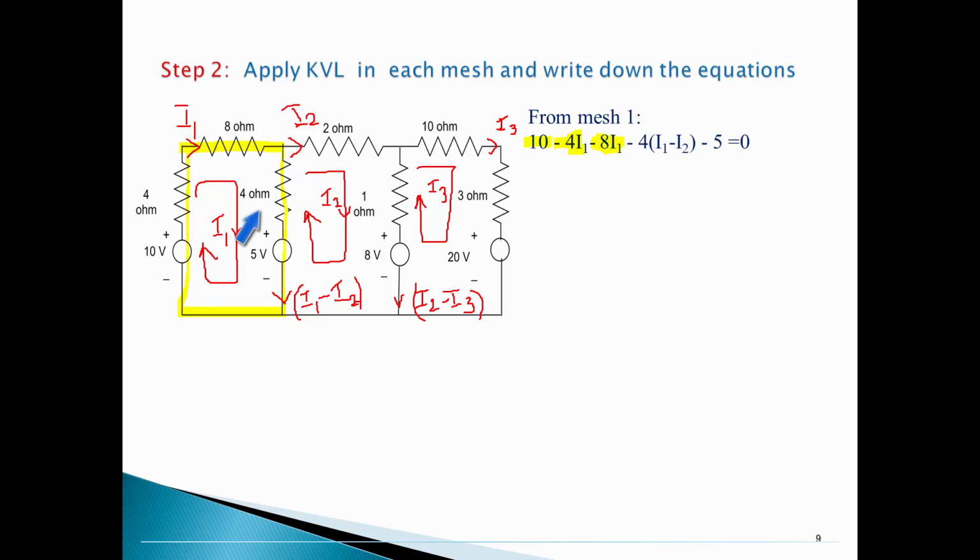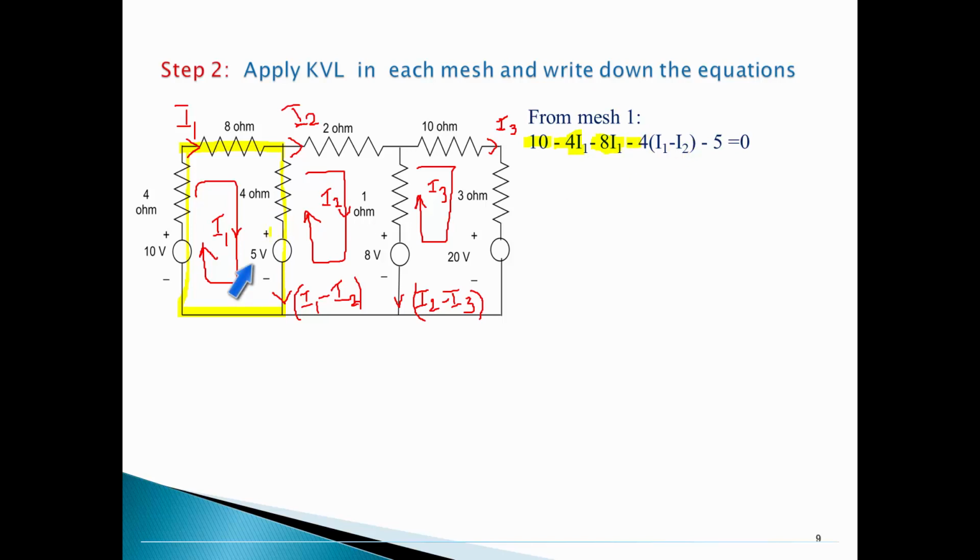Then coming to this 4 ohm branch, the branch current is I1 minus I2 according to my assumption, I1 downward. Once again both are in the same direction, so minus, the drop is 4 times (I1 minus I2).